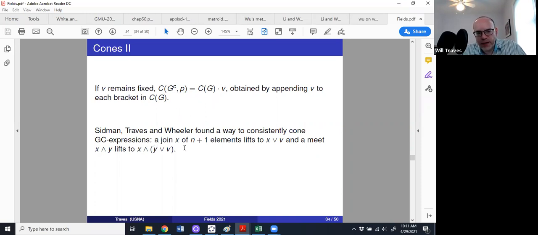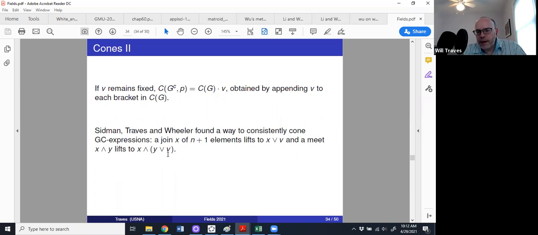If you've got a join of a bunch of elements, then you just tack on an extra V as an element of the join, and you get a new Grassmann-Cayley expression that refers to the join of V with these. And if you had a meet of two extensors, X meet Y, then you do this extra little bit: you do X meet the join of Y and V.